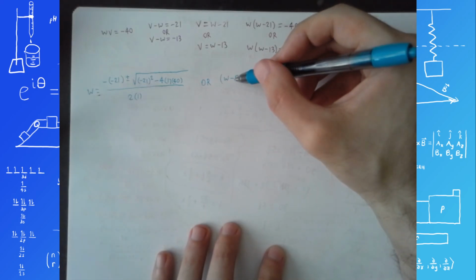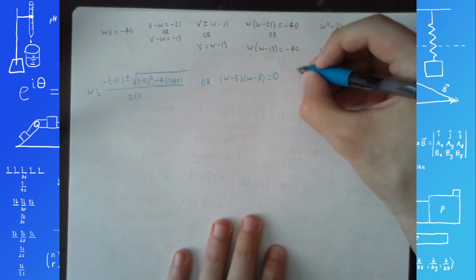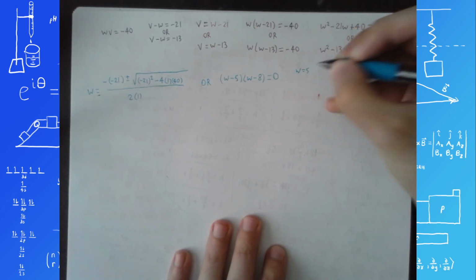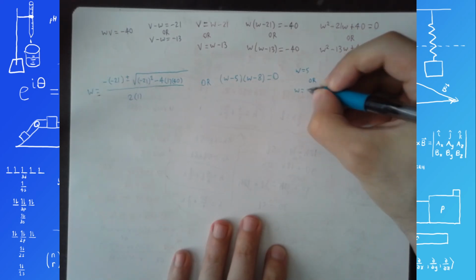Anyway, with this one, our possibilities are w equals 5 or w equals 8.